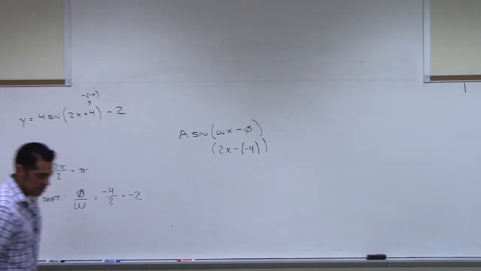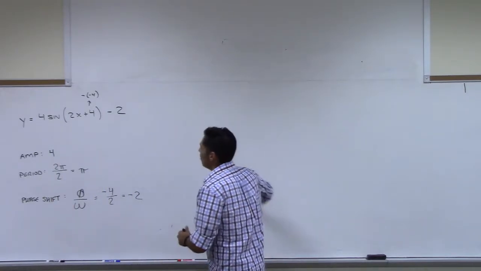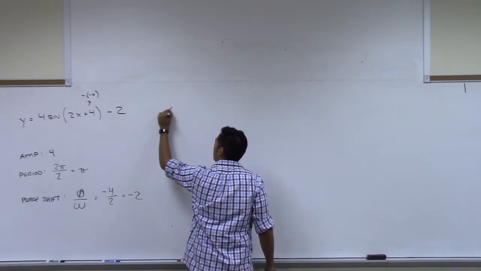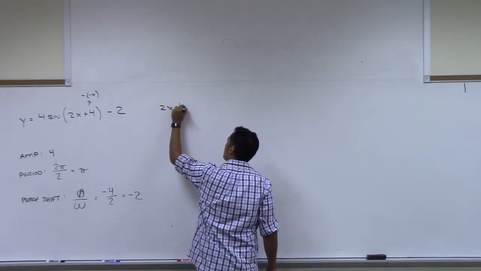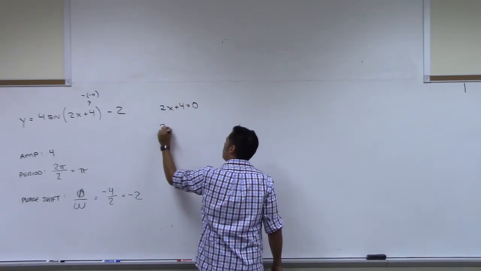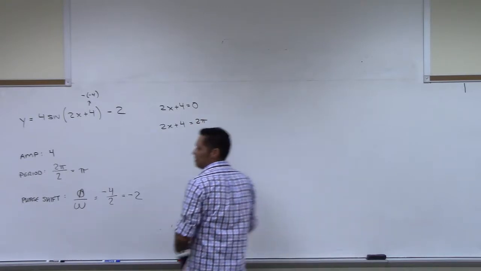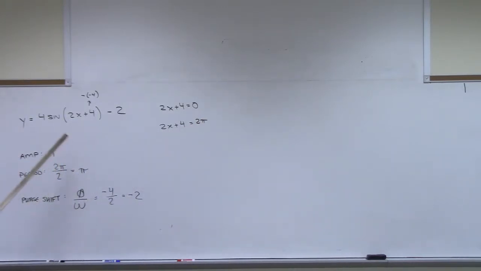All right, let's do some graphing here. So what am I going to do to graph? Same story we just did a little while ago, right? We're going to set the argument 2x plus 4 equal to 0, and 2x plus 4 equal to 2 pi. Ooh, this is going to be interesting. Setting the entire argument equal to 0 and 2 pi. Now the first one's not so bad.